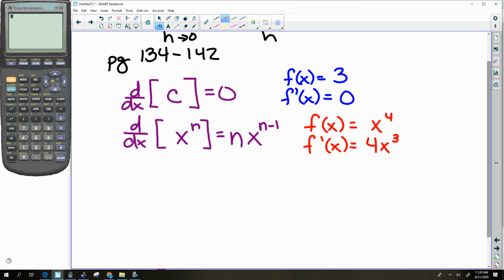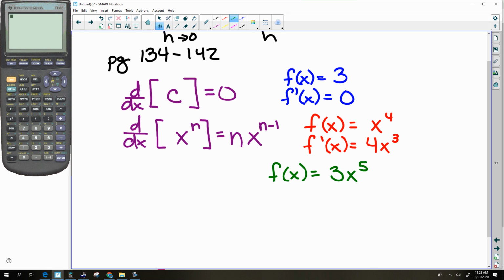So here we go. The constant rule, the power rule, the constant multiple rule. You can put these first two things together. Let's say f of x is equal to 3x to the 5th.